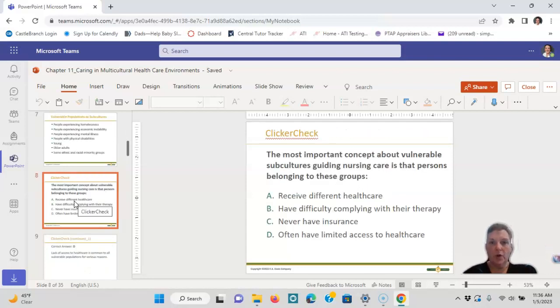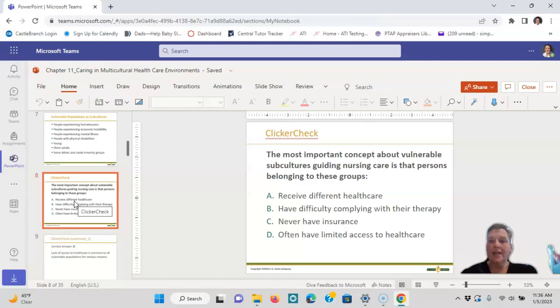So, clicker check: the most important concept about vulnerable subcultures guiding nursing care is that persons belonging to these groups receive different healthcare, have difficulty complying with their therapy, never have insurance, or often have limited access to healthcare.